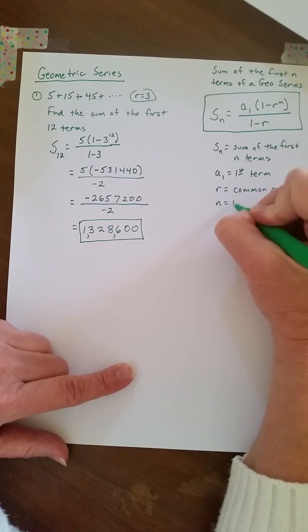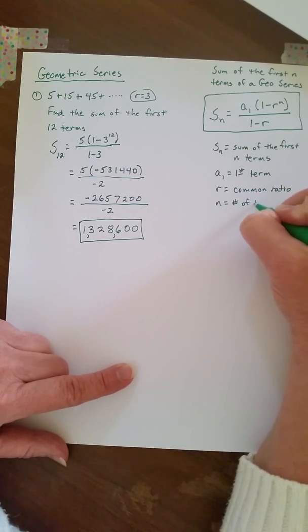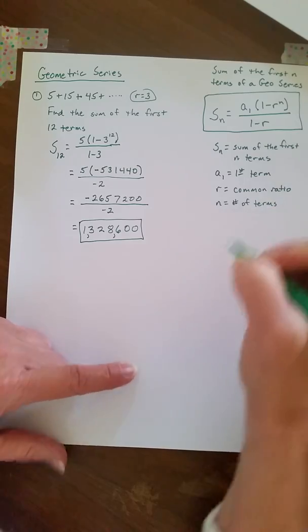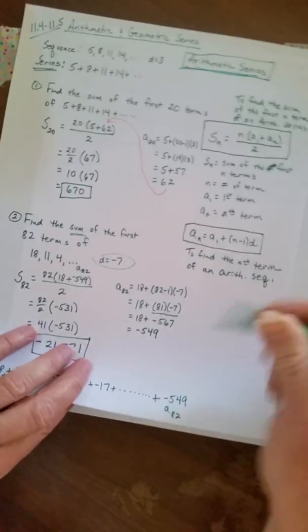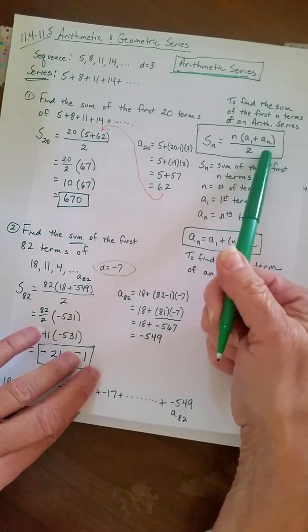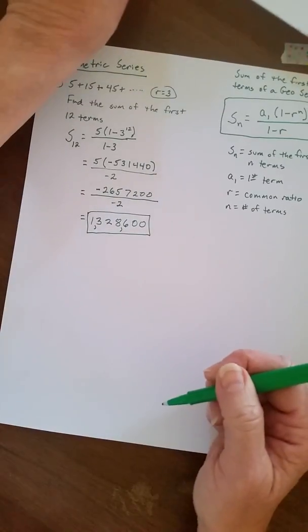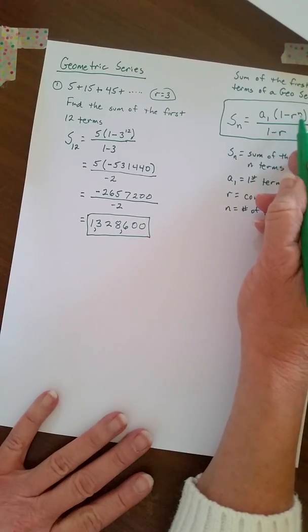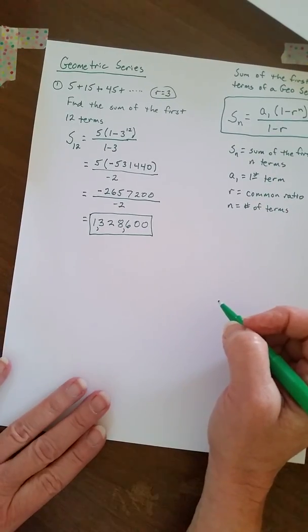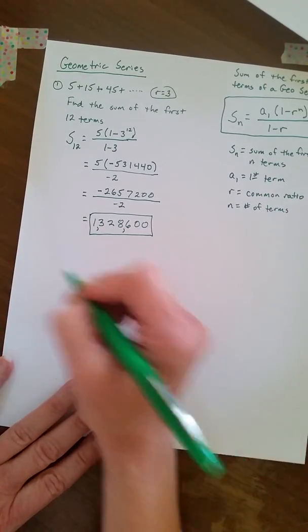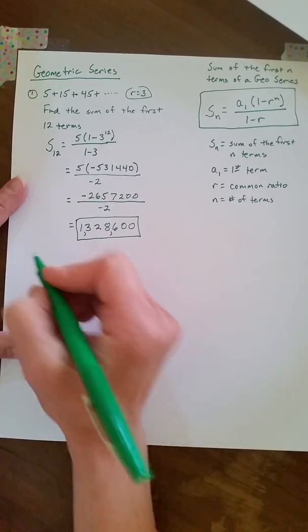And n is the number of terms. It wasn't like arithmetic. In that formula, you needed to find the nth term. In the geometric, you don't. All you need is the first term, the ratio, and the number of terms.